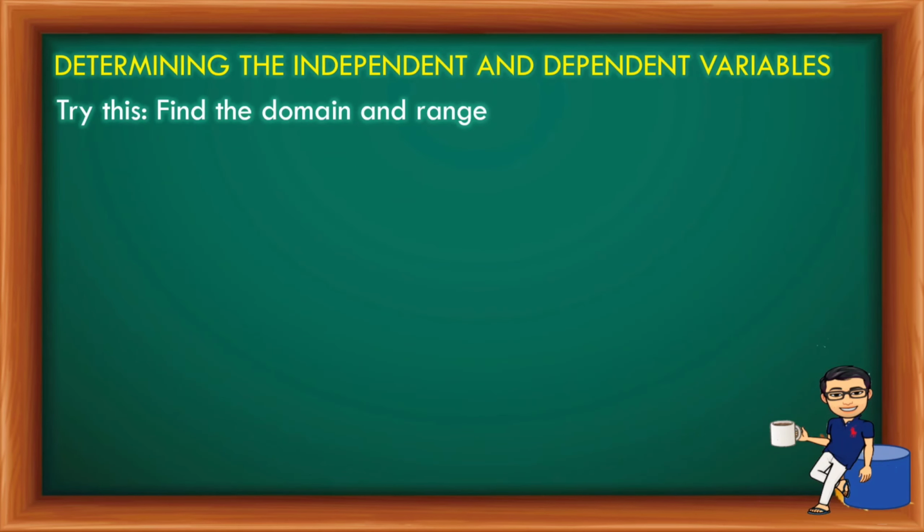Sana nasusundan natin yung ating sagot with finding the domain and range. So this time, let us try to find the domain and range. I will be giving you 10 seconds. Again, pwede naman nating itigil yung timer kapag hindi nyo pa natatapos bago nyo tignan ang sagot. So the given is x plus 3y is equal to 5. The time start now.